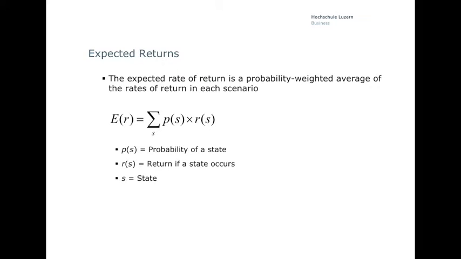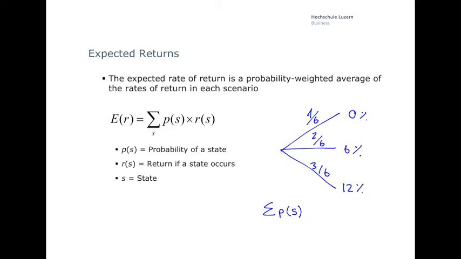Expected returns. The expected return is simply the sum of the probabilities times the return of each state. Now let's do an example. If you have 3 different states, one is returning 0%, the second 6%, and the third 12%. The probabilities for each state are 1/6, 2/6, and 3/6.